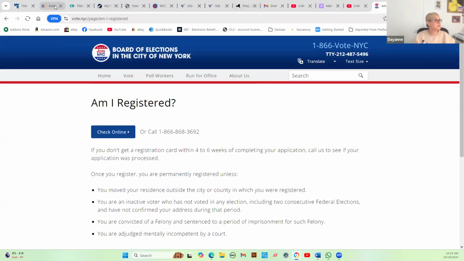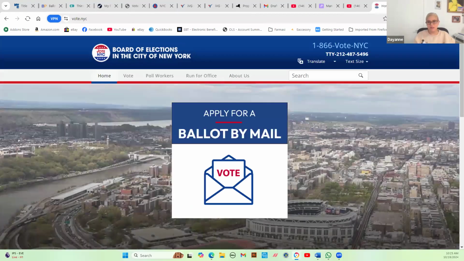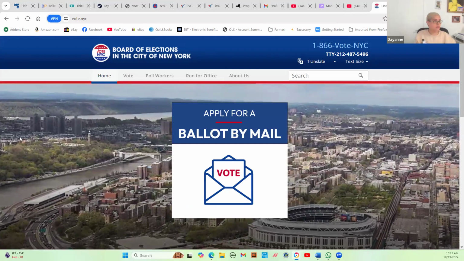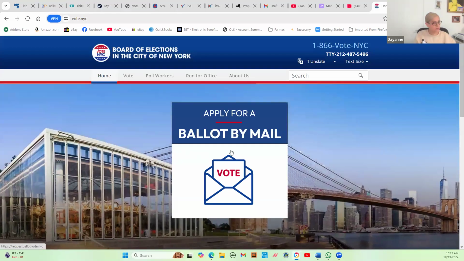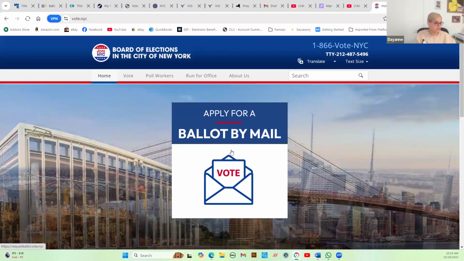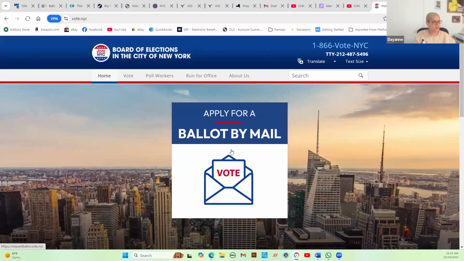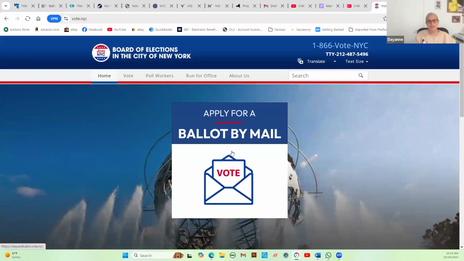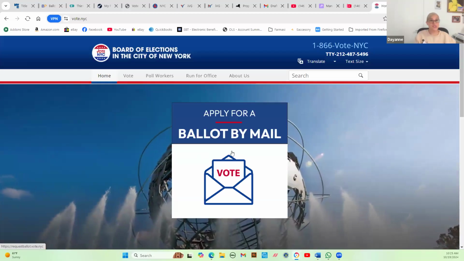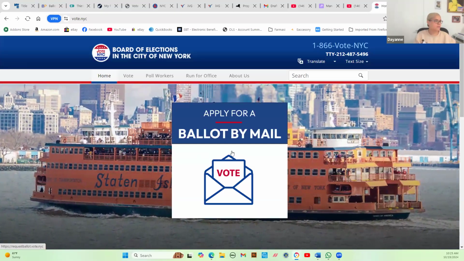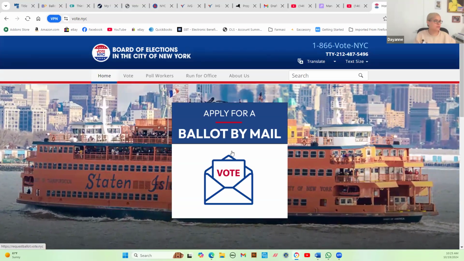let's talk about the next item on the list, which is mail-in ballots. Now, I don't know if you remember, but a couple of years ago, based upon the last election, and even before that, whenever you asked for a mail-in ballot, it was either because you weren't going to be in the state during that voting process, or because you couldn't go to the polls for whatever reason, and you would put that request in.